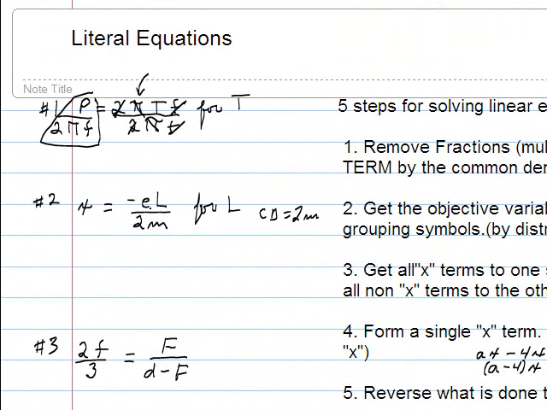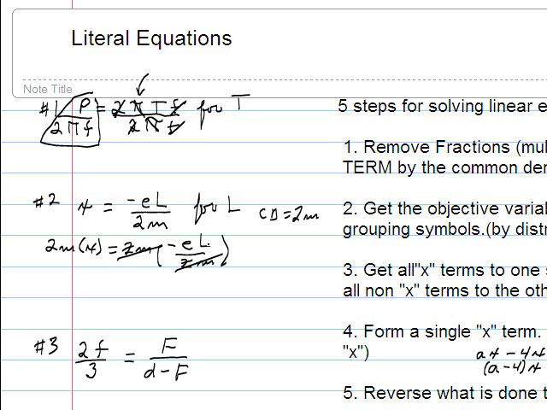So I'll multiply 2m by each term. So I get 2m times x is 2m times negative EL over 2m. And on the right side, the 2m on top cancels the 2m on the bottom, leaving me with 2mx equals negative EL.